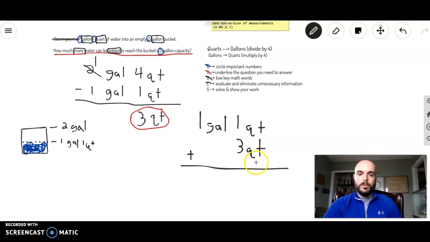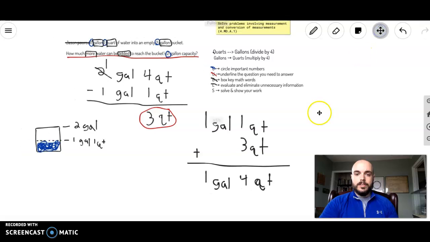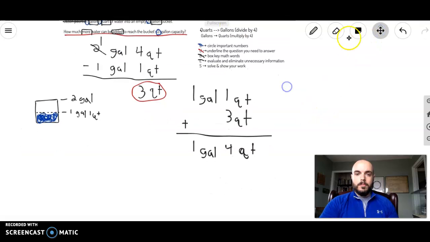Okay, 1 quart plus 3 quarts is 4 quarts. Let's make this Q a little more like a Q. And then bring down my 1 gallon. Okay, Mr. G, I'm looking for 2 gallons here, but all I see is 1 gallon and 4 quarts. Well, I can convert these 4 quarts now into gallons by moving them over.